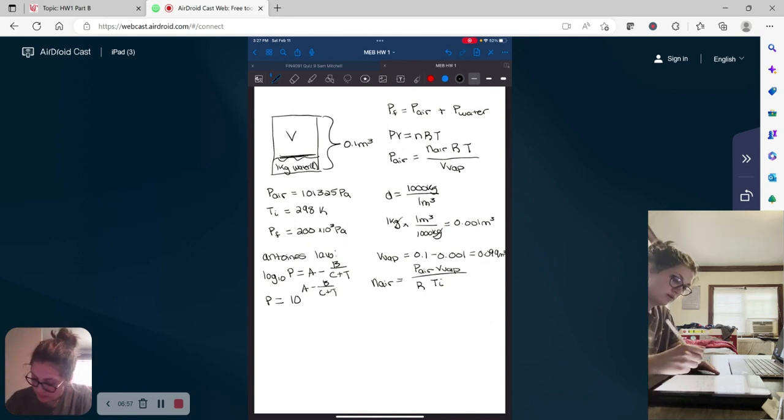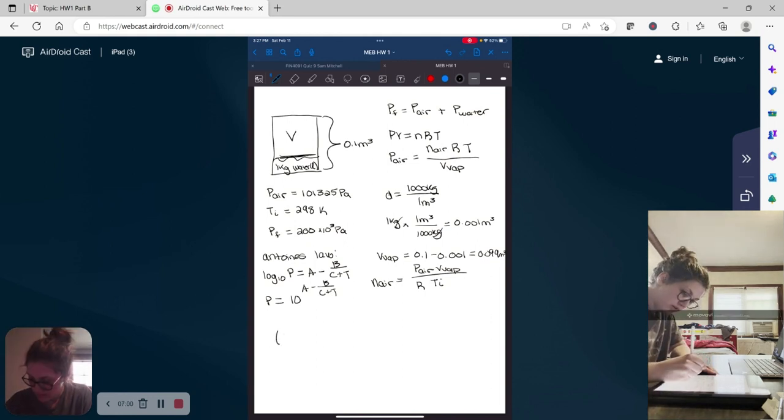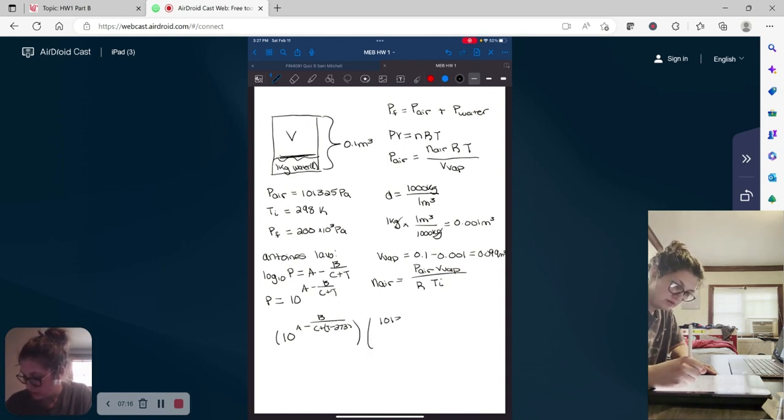So if we rewrite our equation to make that happen, you have 10 to the A minus B over C plus T minus 273, times 101325 pascals over 760 millimeters of mercury.